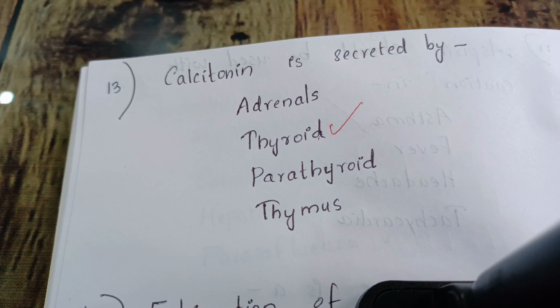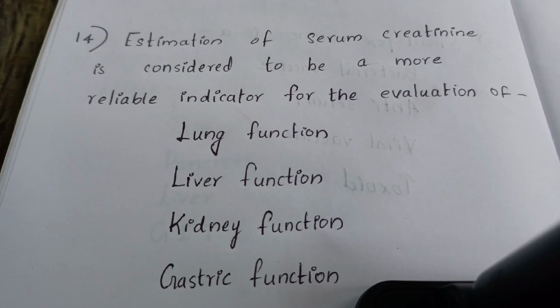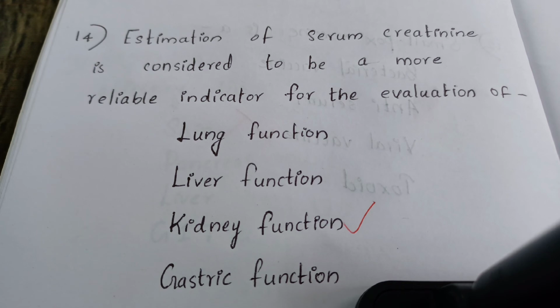Okay, now moving on to the next question. Estimation of serum creatinine is considered to be a more reliable indicator for the evaluation of lung function, liver function, kidney function, or gastric function. Creatinine is found in serum, plasma, and urine and is excreted by glomerular filtration at a constant rate and in the same concentration as in plasma.